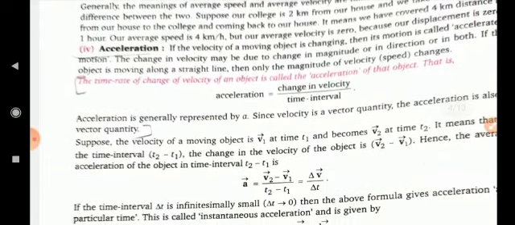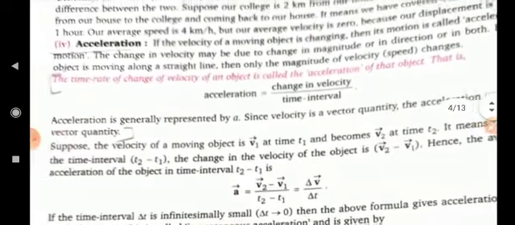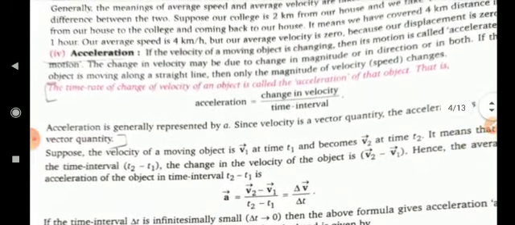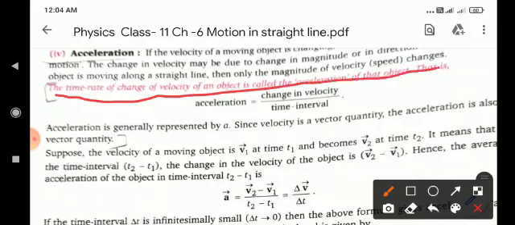Fourth point, acceleration. Acceleration is defined as the rate of change of velocity. Important point: the time rate of change of velocity of an object is called the acceleration of that object. Change in velocity upon time interval.